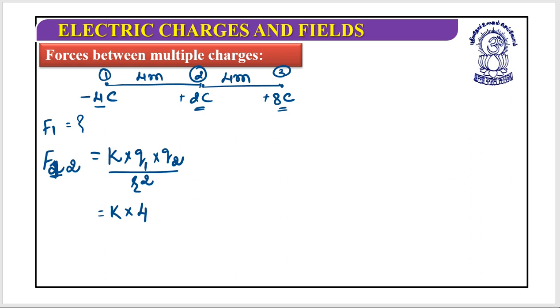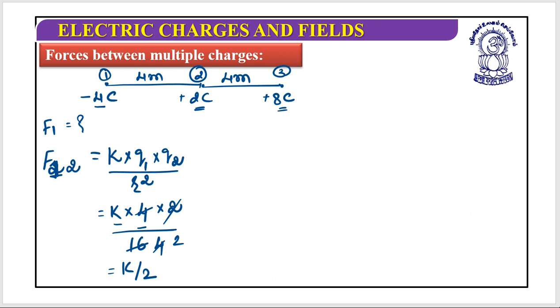I repeat, even though the charge is negative, I would write it as positive because I am here to focus on the magnitude only. So this is K into 4 multiplied by 2 divided by the square of the distance. Distance is 4, its square would be 16. So if I solve it, this is equal to K by 2.